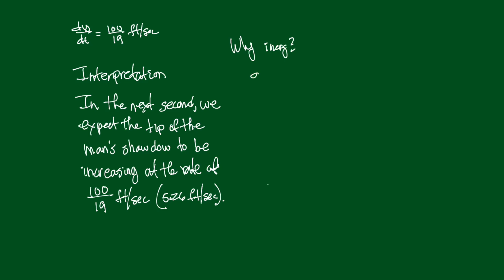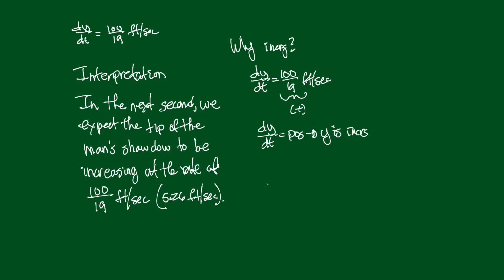Well, look at the derivative. The derivative, dy dt, is equal to 100 over 19 feet per second. Now this number here is positive, right? And if the derivative is positive, that means the function itself, y, is increasing. All right, so I know that the tip of the shadow is increasing.